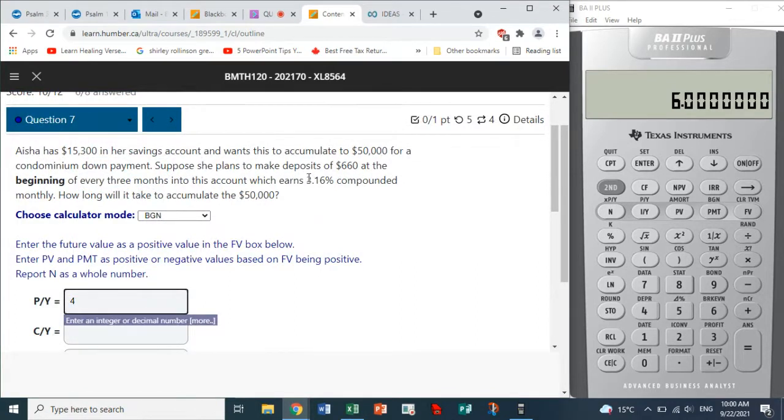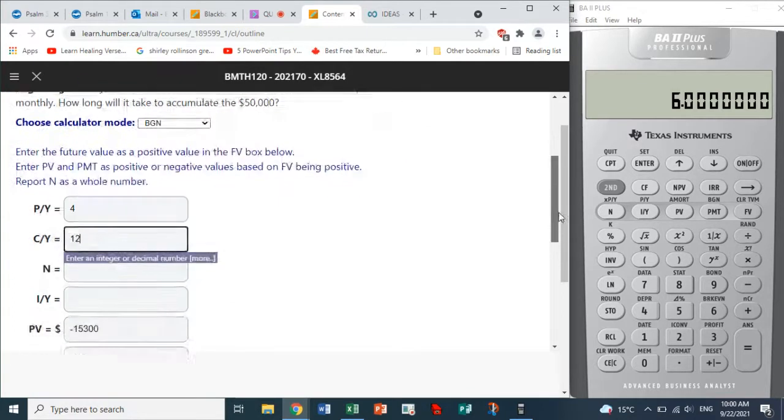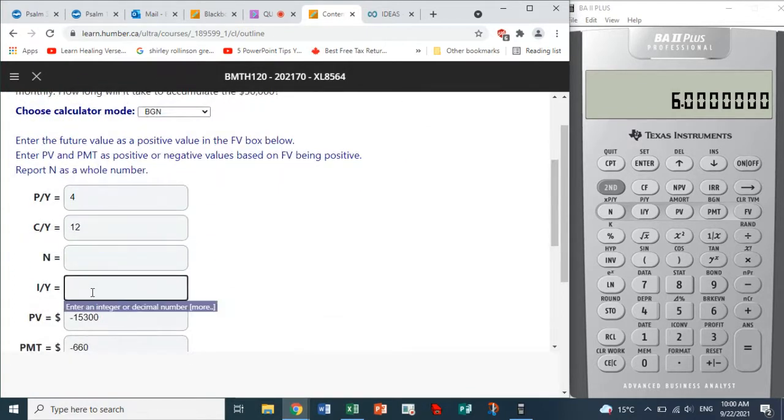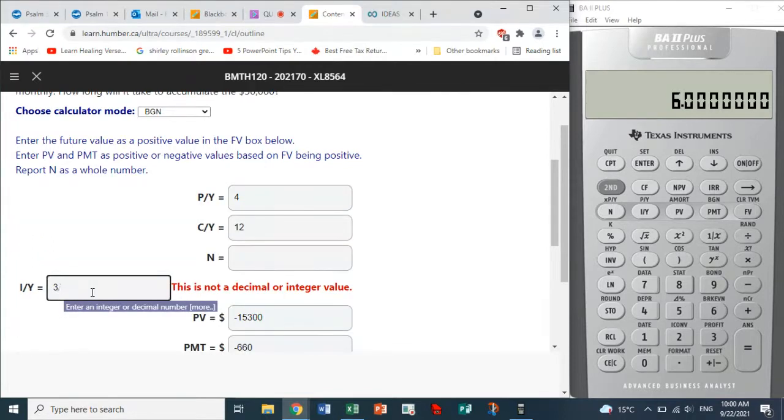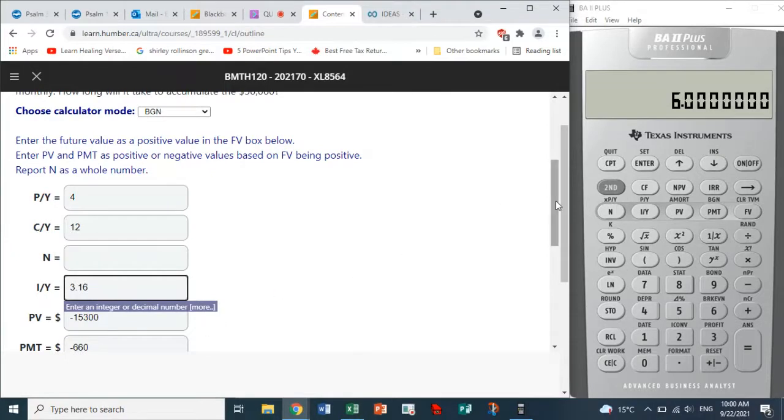All right, now this 3.16 is compounded monthly. So CY would be 12. And it's 3.16%. So let's do that. This would be 3.16. Right, so there we are.